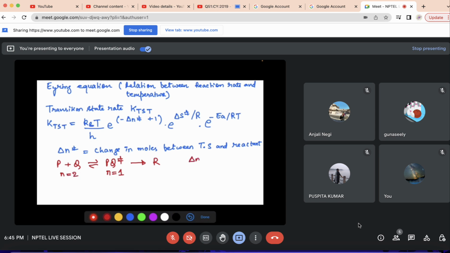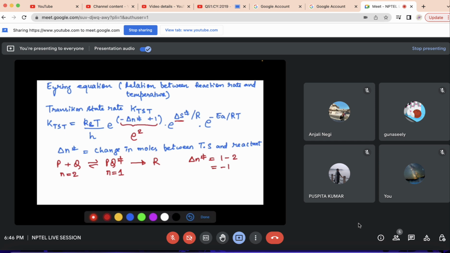So my delta n double dagger, the change in molecularity, becomes 1 minus 2, that is minus 1. So my exponential here becomes e to the power minus 1 plus 1 plus 1, that is e to the power 2, correct?